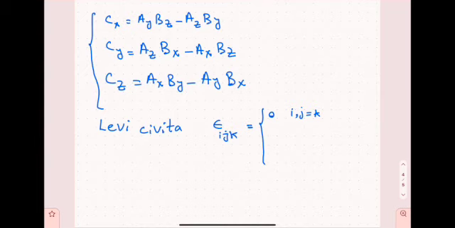And then this will give me a value of 1 if i, j, k make an even permutation, and I'll tell you what I mean there. Permutation, and -1 if we have an odd permutation.